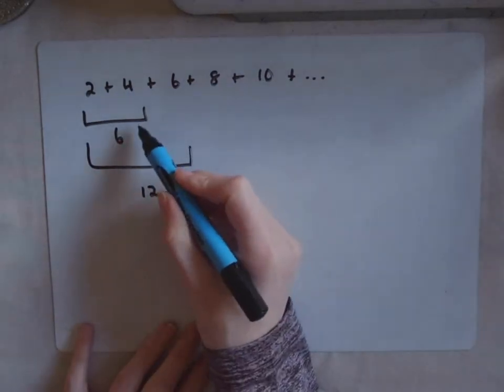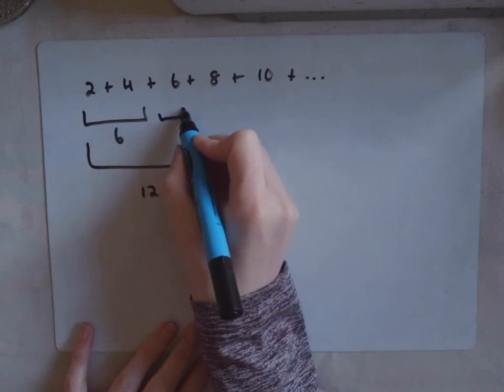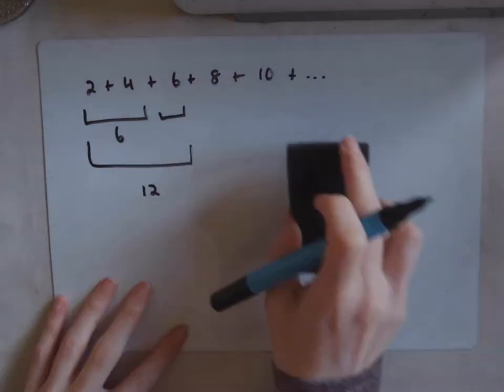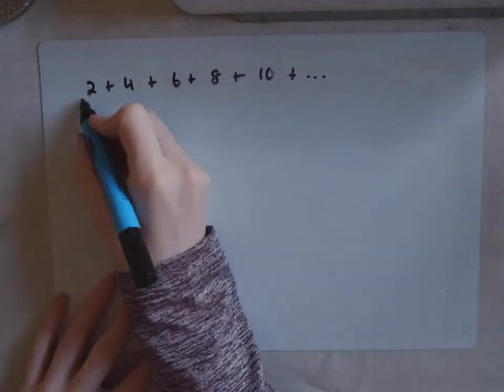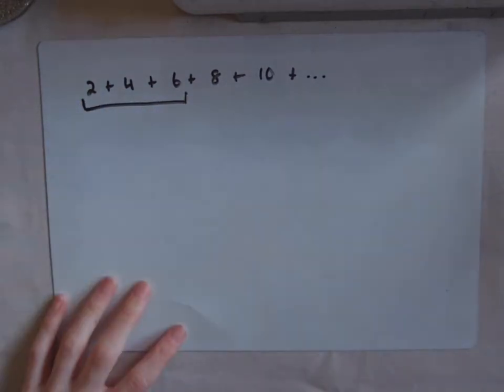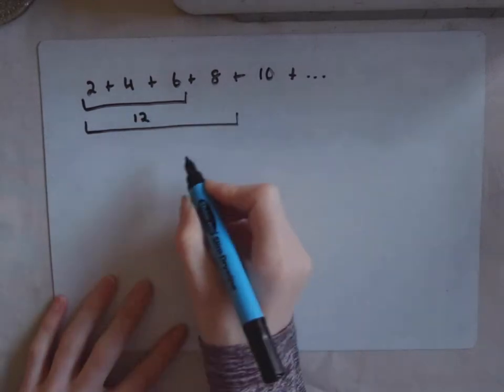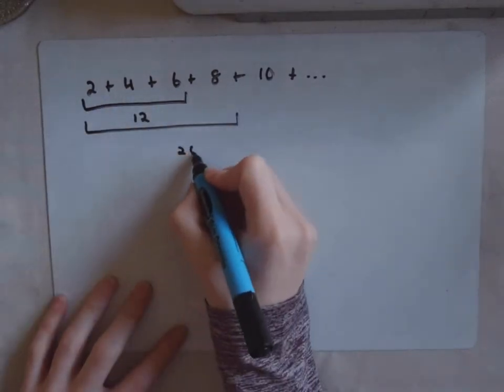What about if I do the sum of the first three terms, which is 12, and then the sum of the first four terms, which is 20. When I take those two away, I'm left with that term that I've added on, okay?